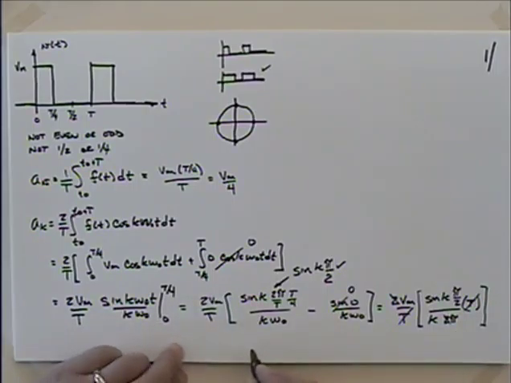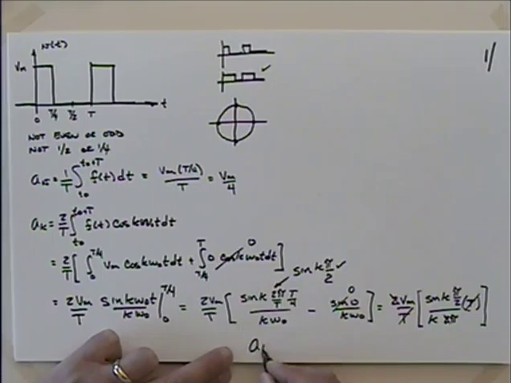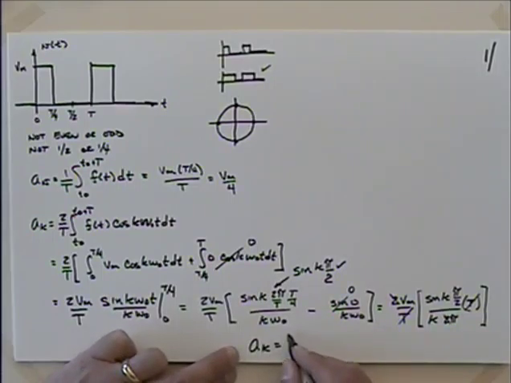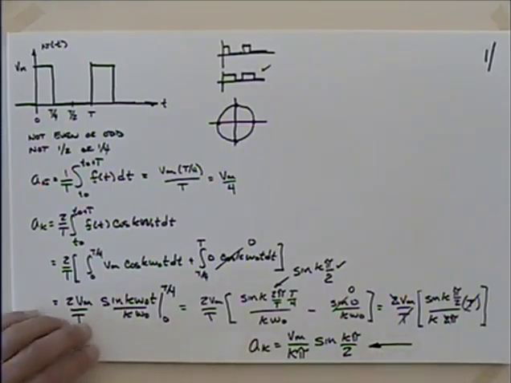And we come up then with a sub k being equal to Vm divided by k times pi times the sine of k pi over 2. So that's probably good enough for now. We'll hang on to this average answer.